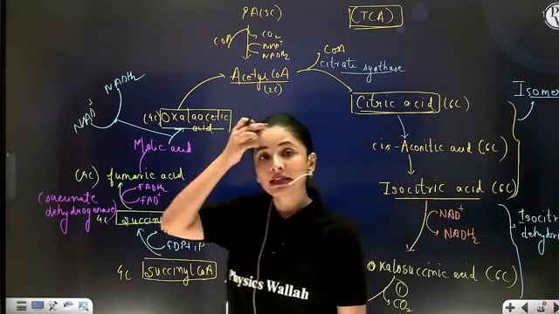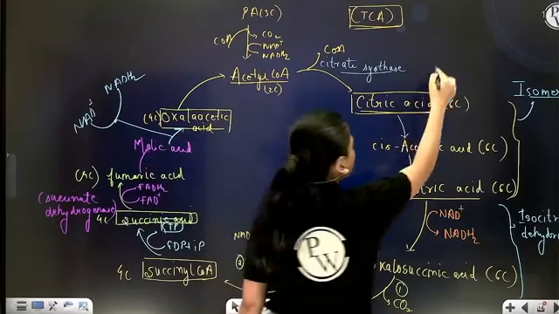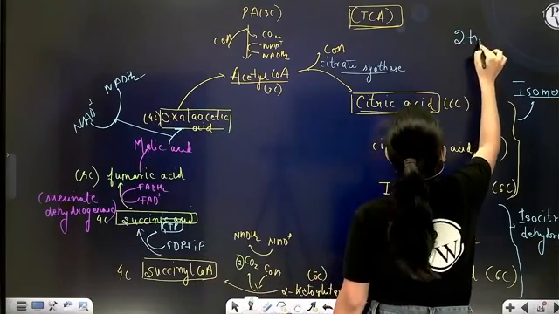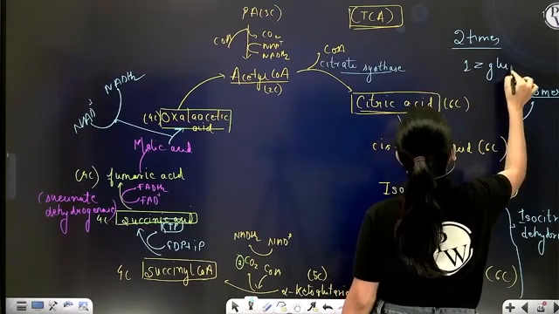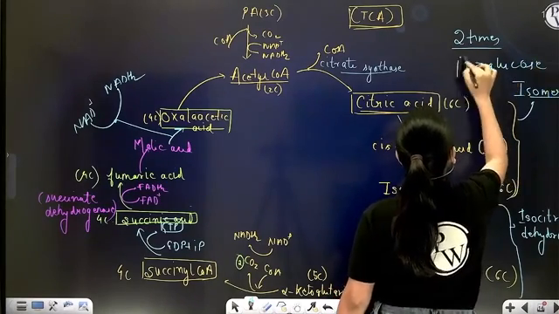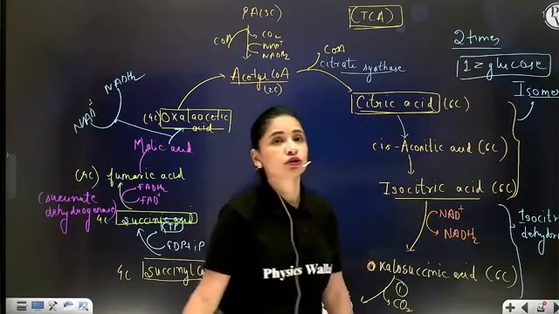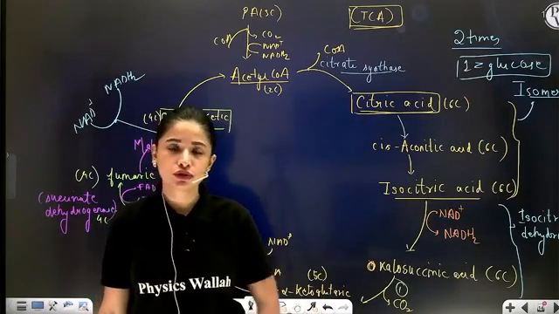Now the cycle is actually going to run two times for one glucose molecule. Why? Can anybody answer me why it is going to run two times for one glucose molecule?